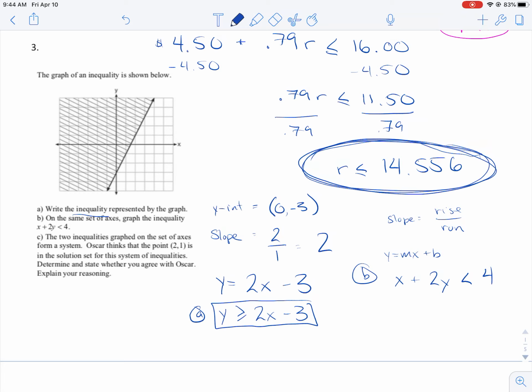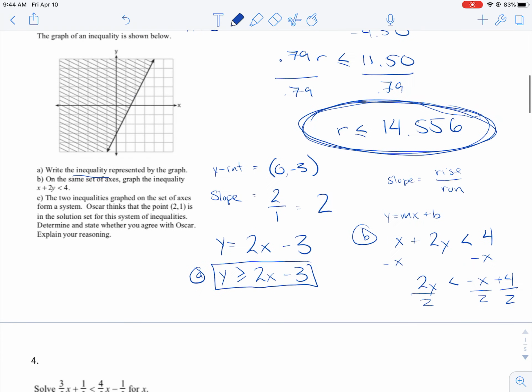Letter B says, on the same set of axes, graph the inequality x plus 2y is less than 4. In order to graph this, we need to get it into that y equals mx plus b form again. So I subtract x. I get 2y is less than negative x plus 4.